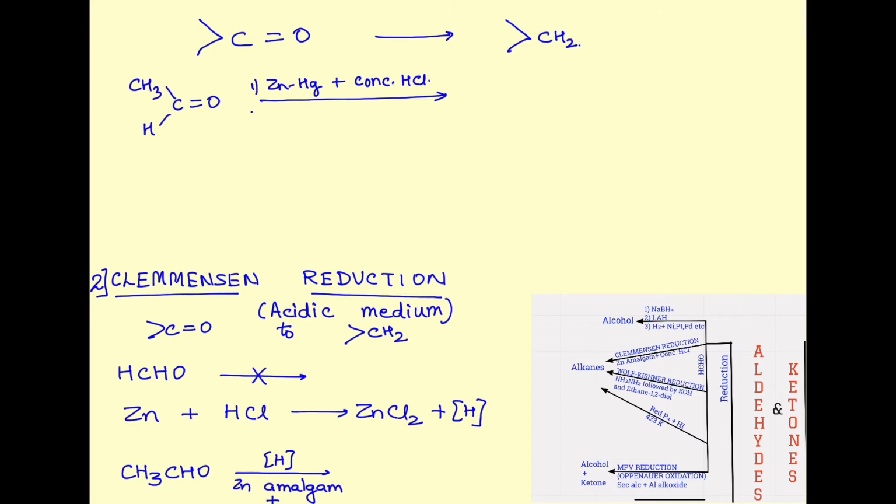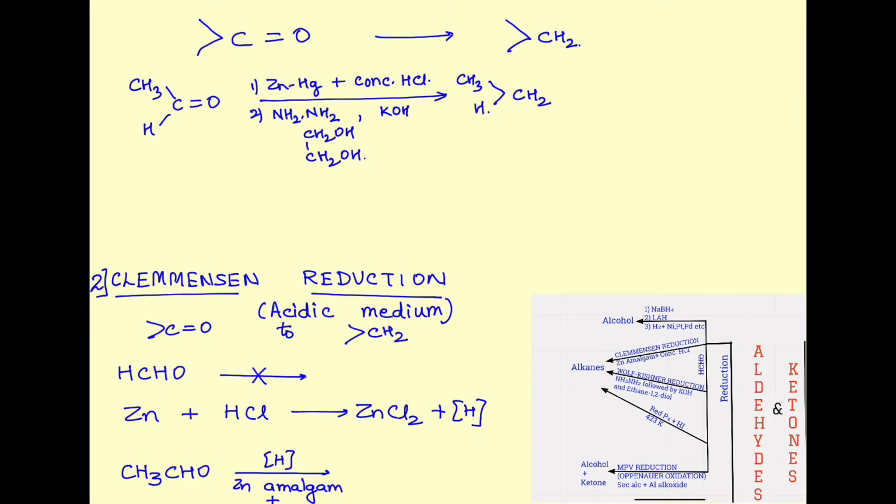Wolff-Kishner reduction is when you treat it with hydrazine and then you treat it with KOH in the presence of ethylene glycol, that is ethane 1,2-diol. CH2, CH3 and H remain in place.